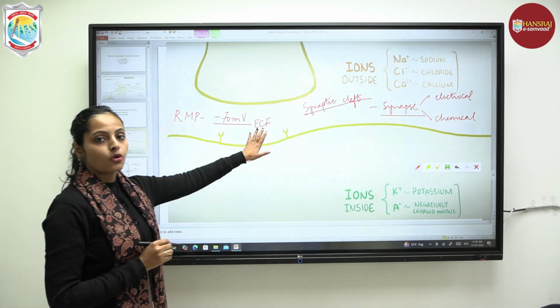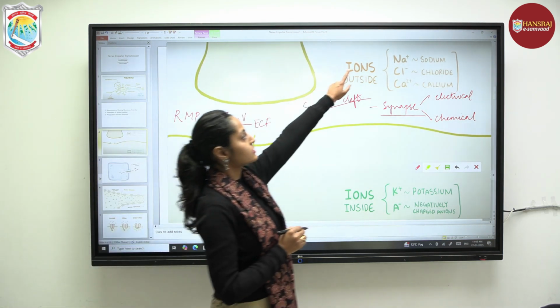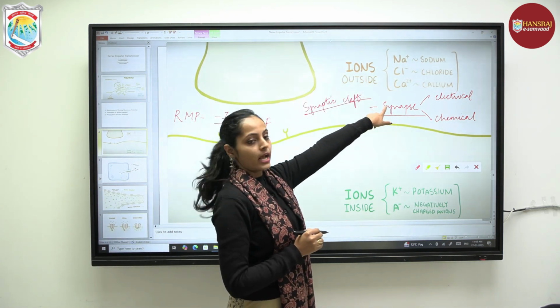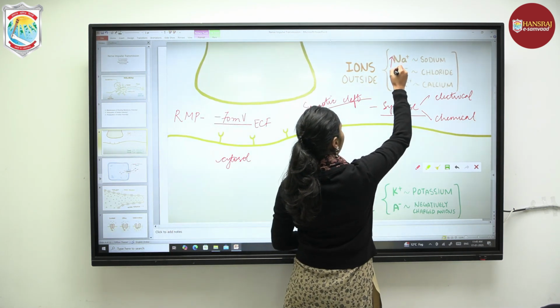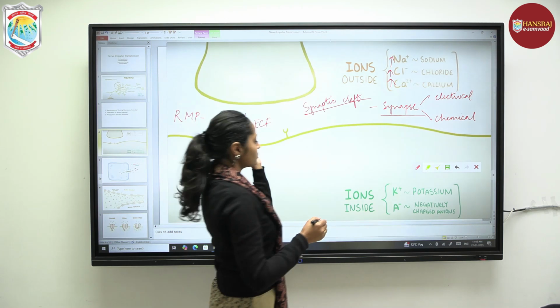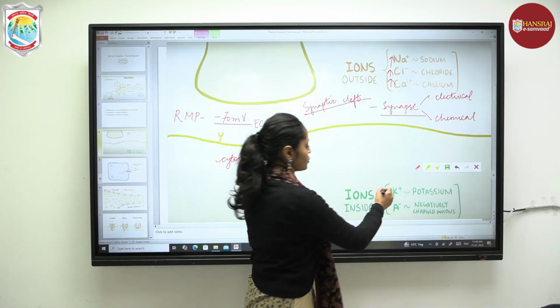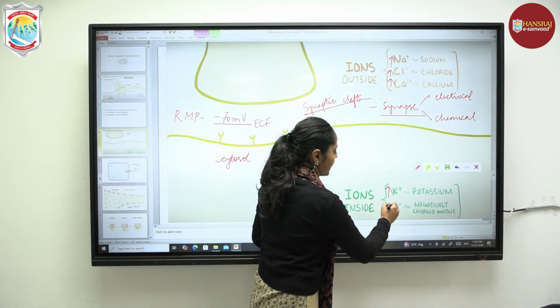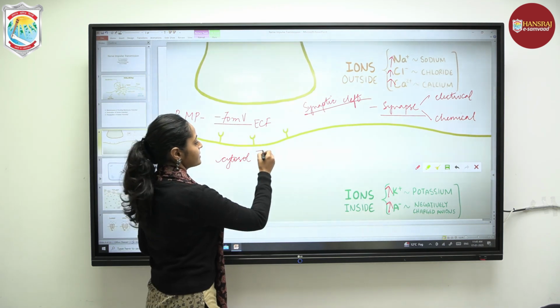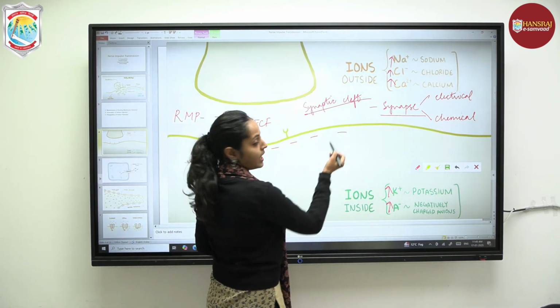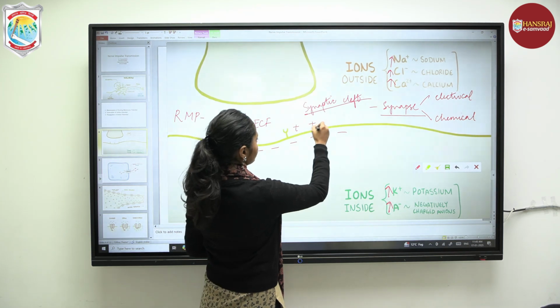Now what happens, the concentration of ions like sodium, chlorine and calcium is higher outside. The concentration is higher outside. And for the inside, the concentration of potassium is higher and some anions is higher. As a result of which, the inside is negatively charged and the outside is positively charged.